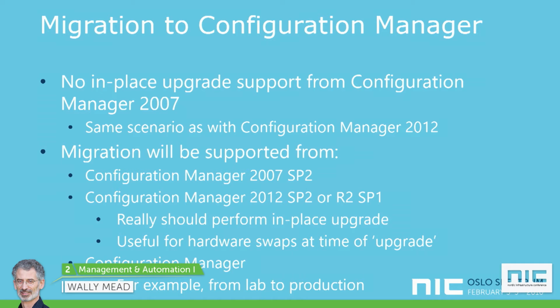You don't have to migrate from 2007 to 2012 and then do a 2012 in-place upgrade. You can migrate directly from 2007 to Configuration Manager, the current branch, 1511, whatever you want to call it. So they were happy about that fact. Good. You will also be able to do a migration from ConfigMan 2012 SP2 or ConfigMan 2012 R2 SP1.